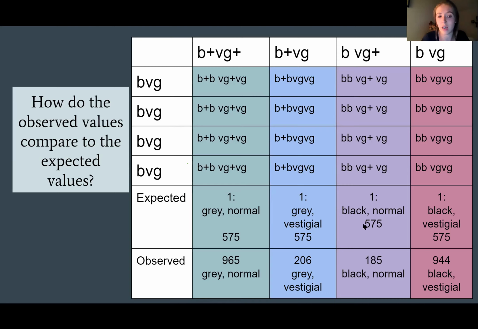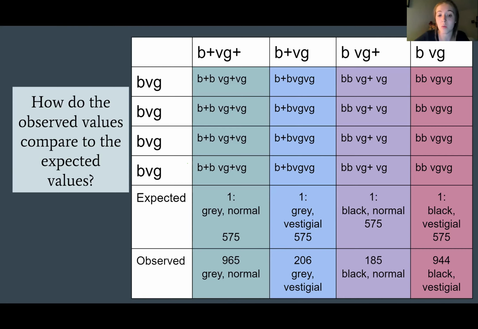How do the observed values compare to the expected values of this cross? What Morgan and Sturtevant eventually figured out is that this is not statistically close enough. These values, 965 and 206, are way off from the expected values that you should have gotten purely based on Mendelian genetics.